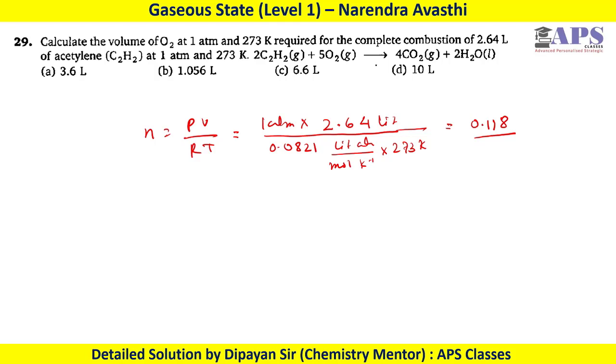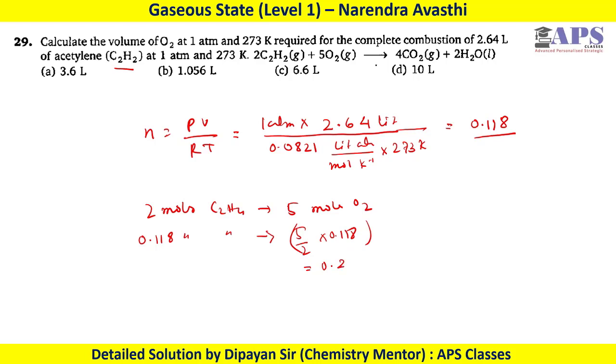So we can say that the number of moles of acetylene we have is 0.118 mole. From the given stoichiometric data, for 2 moles of acetylene we need 5 moles of oxygen for the complete reaction. Then for 0.118 moles of acetylene we can write 5 by 2 multiplied by 0.118 moles of oxygen, that is 0.294 moles of oxygen we need.